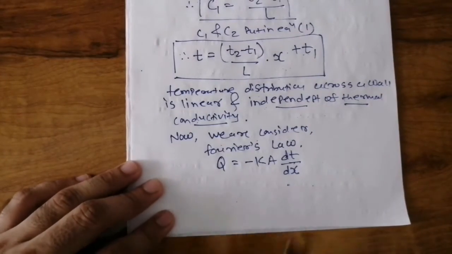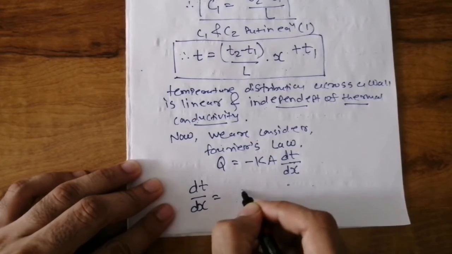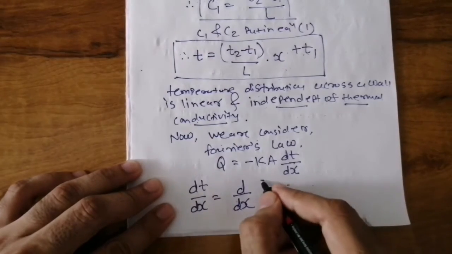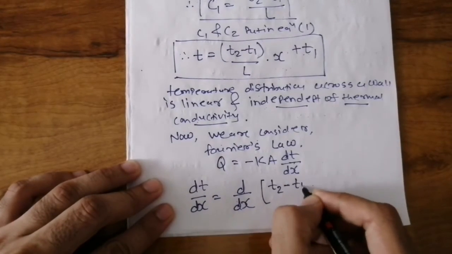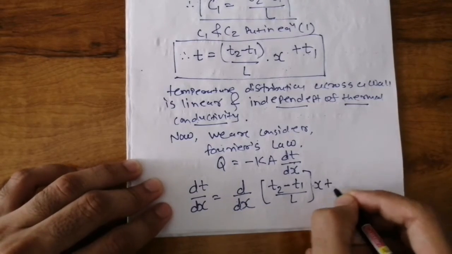So how will it be considered? We consider dT by dx is equal to d by dx of T, and what is T? T means T2 minus T1 divided by L into x plus T1.